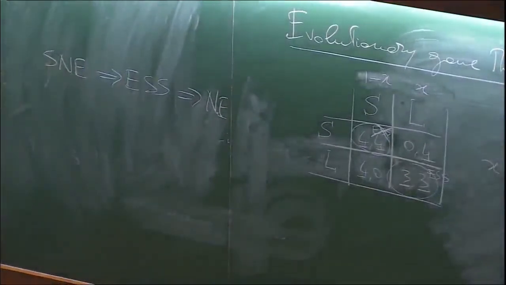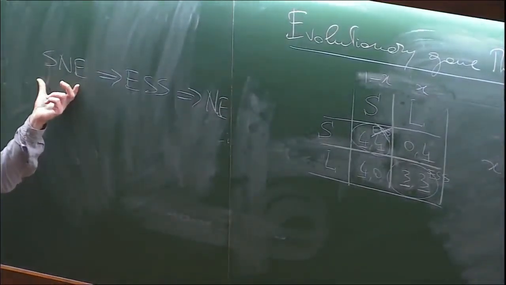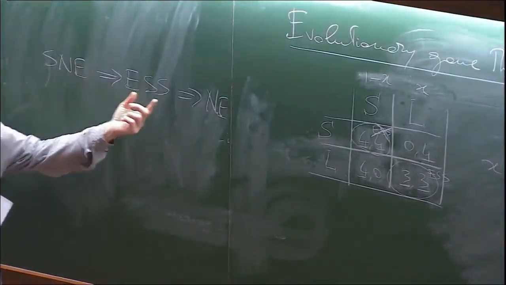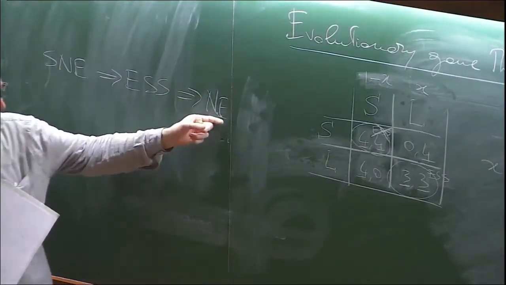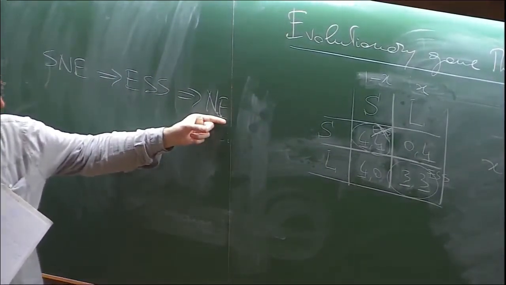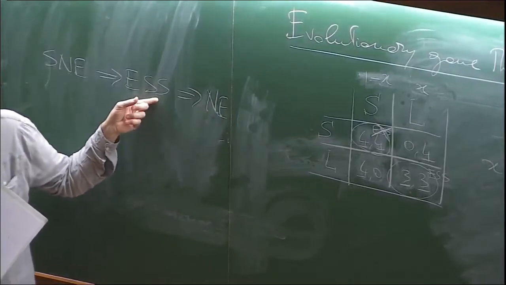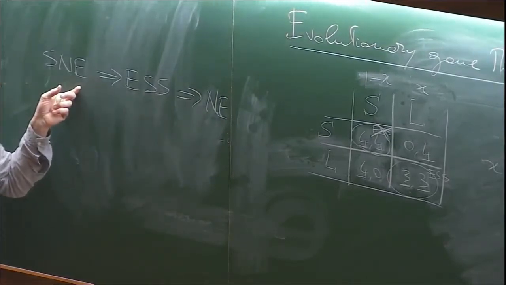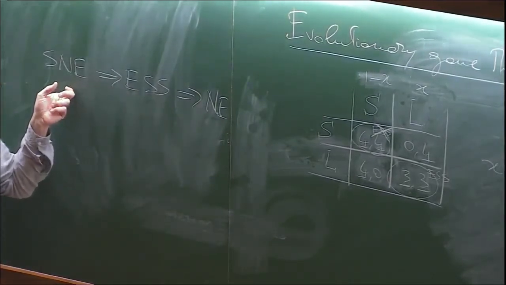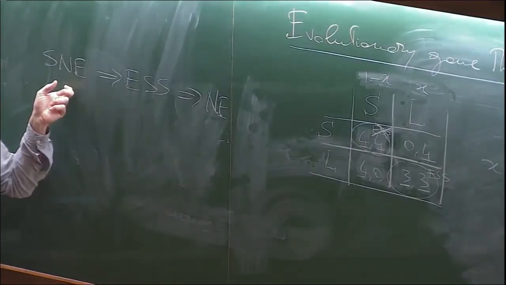Okay? So the opposite of any of these is not true. So here you have a Nash equilibrium, but it's not an ESS, and so it's not a strict Nash equilibrium.